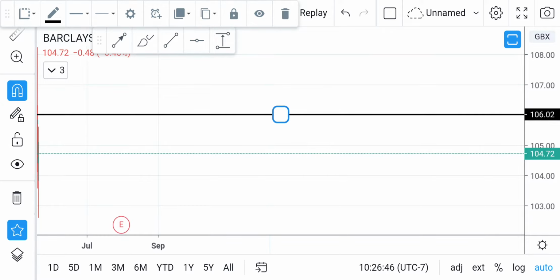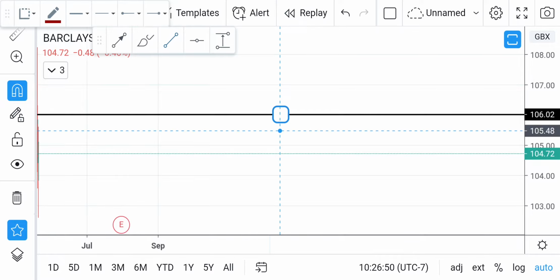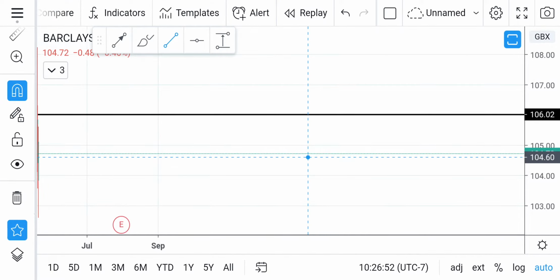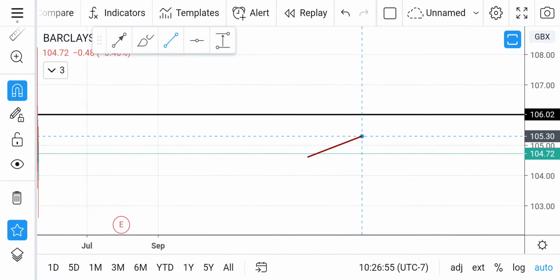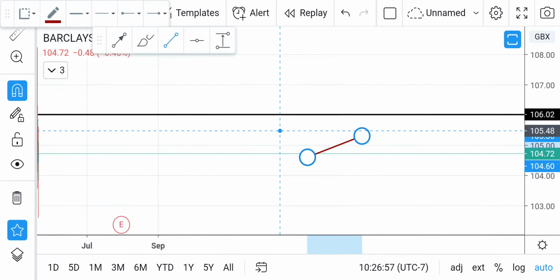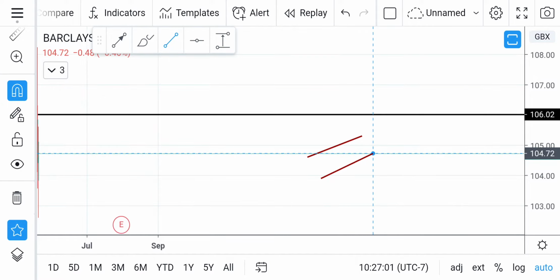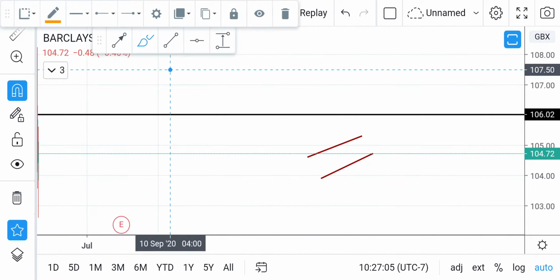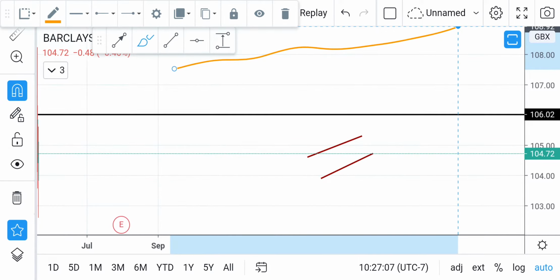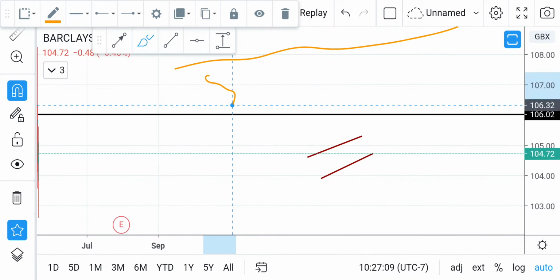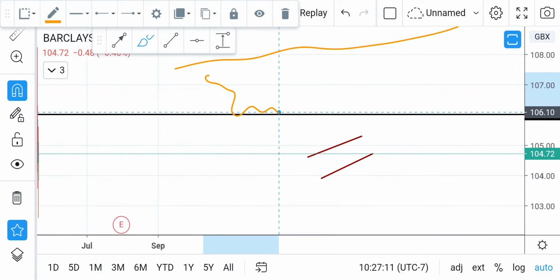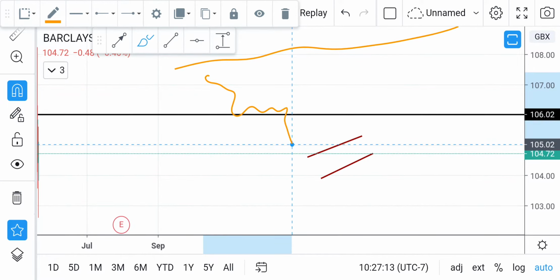Let's say this is your support, and a bear flag is usually like this. It usually looks like a rising channel on your chart. It looks something like this. Let's say this is a downtrend and price starts going down, tests support, then breaks down.